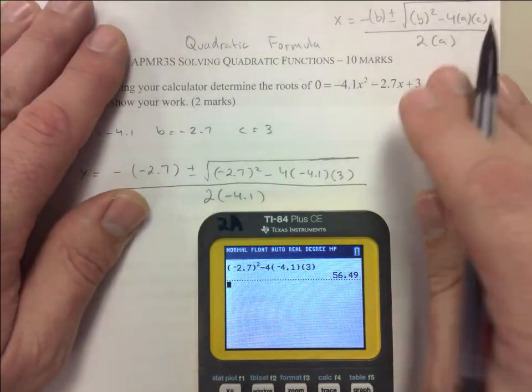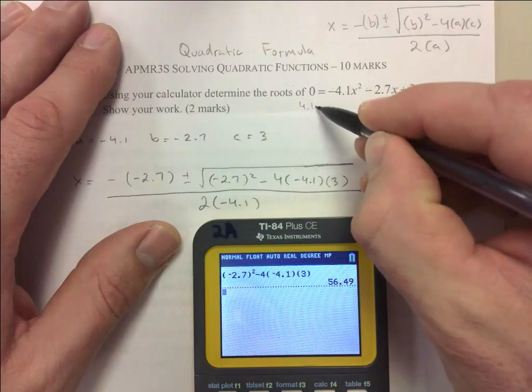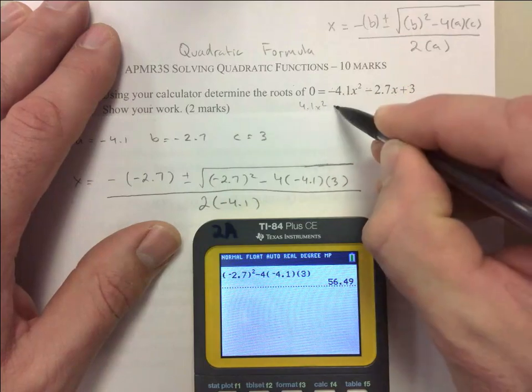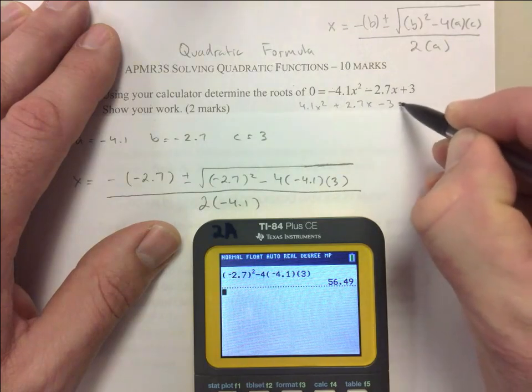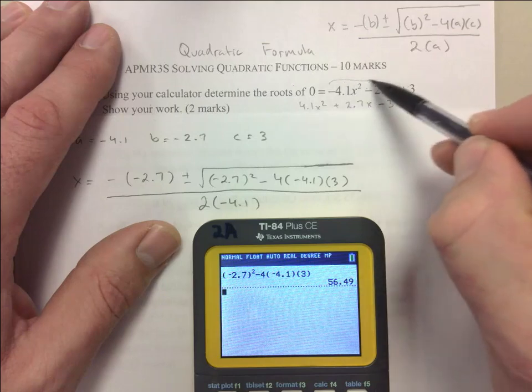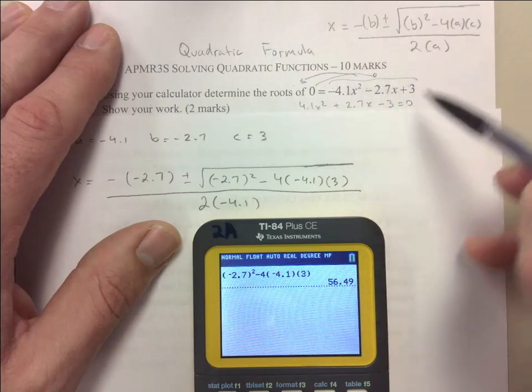So I know what you're saying. If you bring everything over, I like that question actually. That would be 4.1x squared positive. This one comes over positive as well. This one comes over negative, and then it's equal to 0, right?